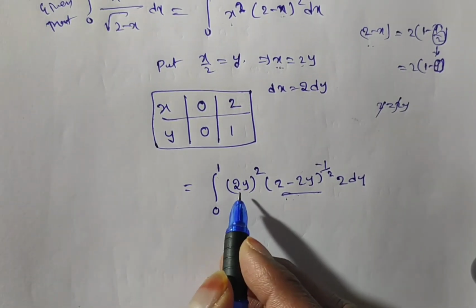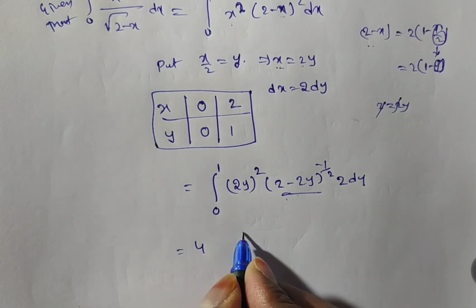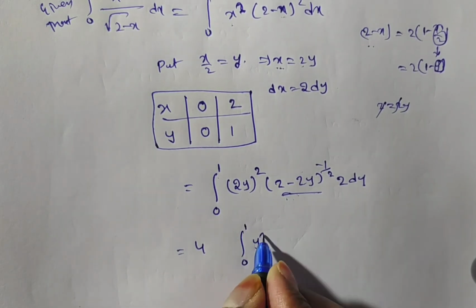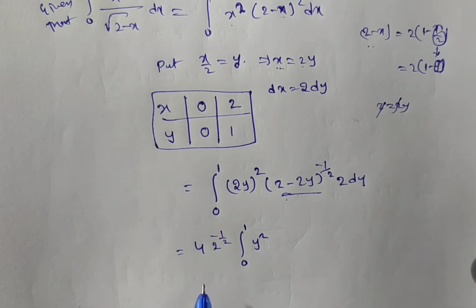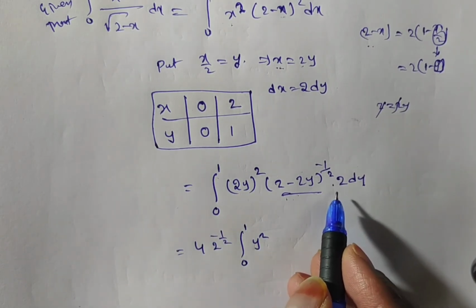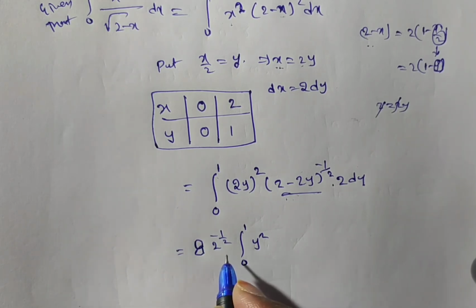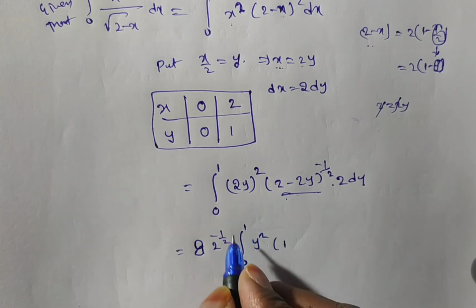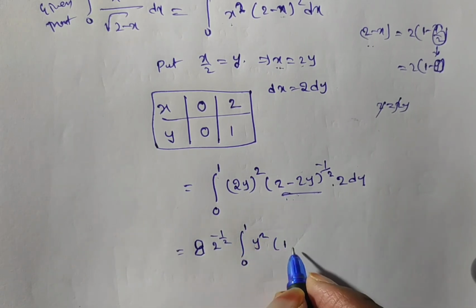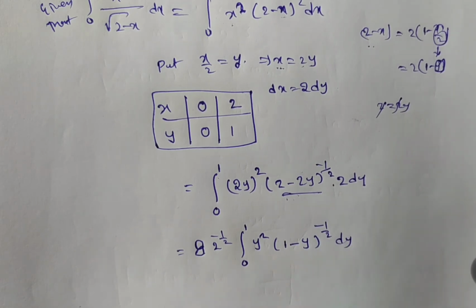Now here you observe this is 4y squared, so take 4 outside, that is 4 times the integral from 0 to 1 of y squared. If you take 2 outside, then 2 to the power of minus 1 by 2. Already outside you have 2, so 2 times 4 is 8, into the remaining term, 1 minus y to the power minus 1 by 2 dy.